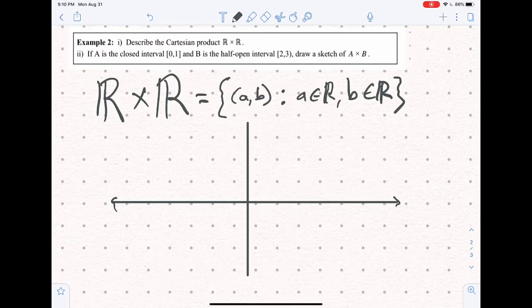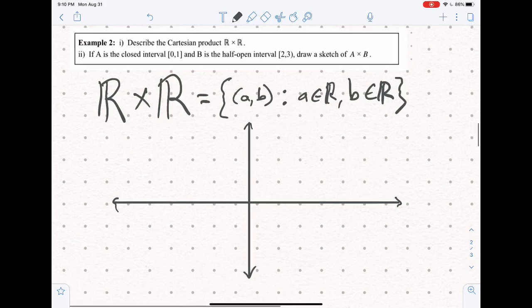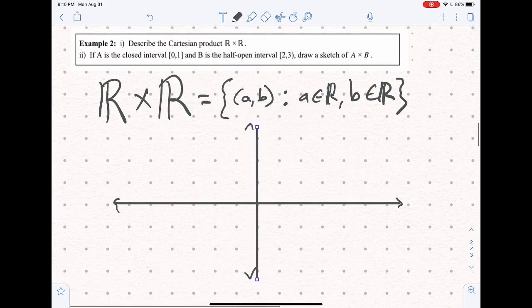We have on paper 2 dimensions to work with, which means that we can draw 2 copies of the real numbers in different dimensions. And then we assign every single point here an ordered pair of real numbers in just the way that you're used to. So for example, let me move that over just a bit. Okay, there we go.